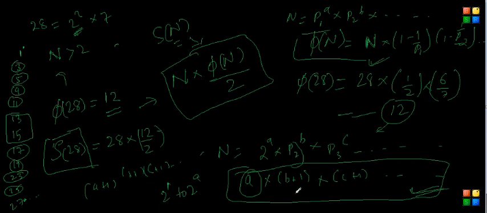Now I'm subtracting this from the total factors. If you subtract, you will see that this part is common between the two, and I have a plus 1 here and a here. So subtraction will cancel the a, and we'll be left with b plus 1 into c plus 1, so on and so forth. So this is the number of positive odd factors of a natural number n.